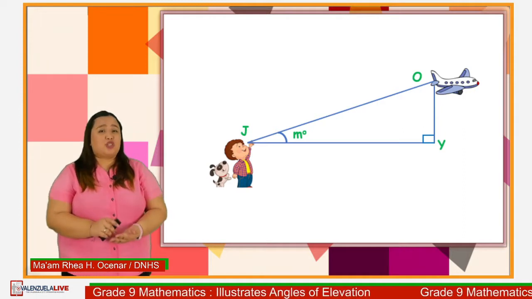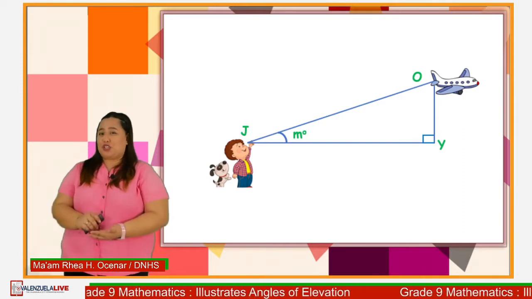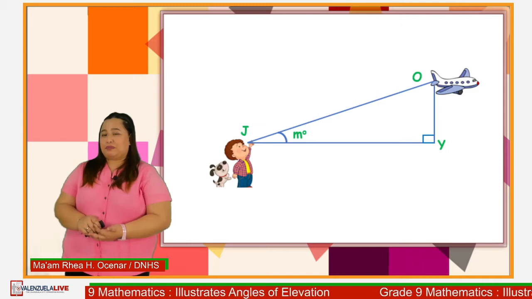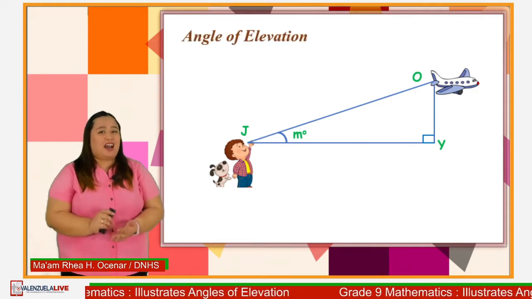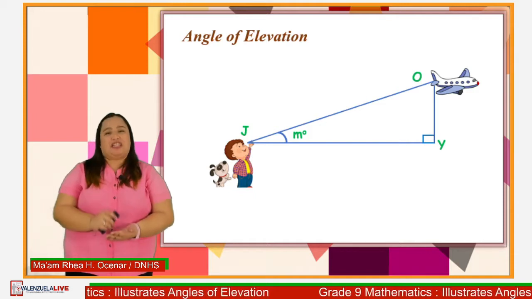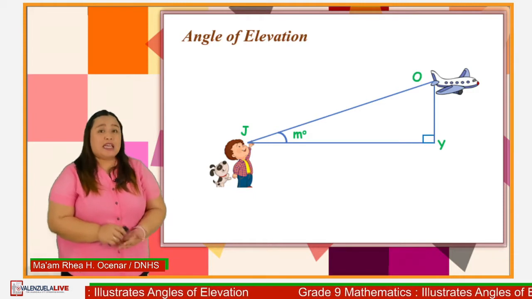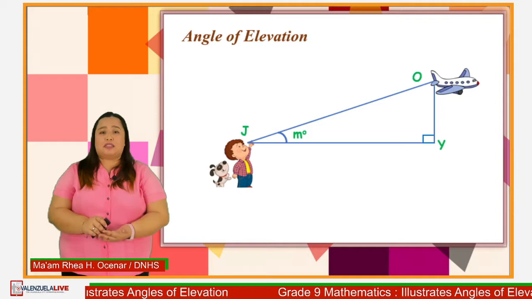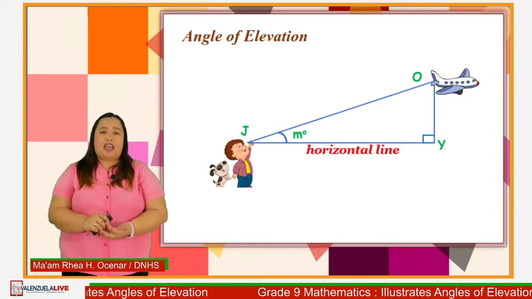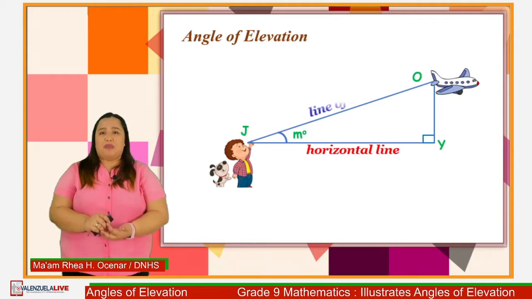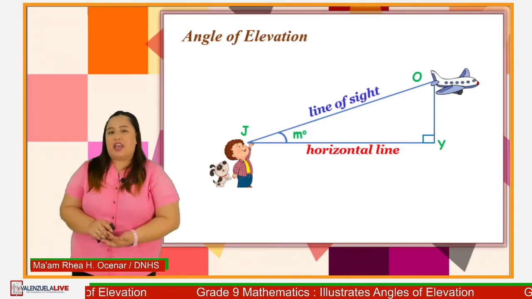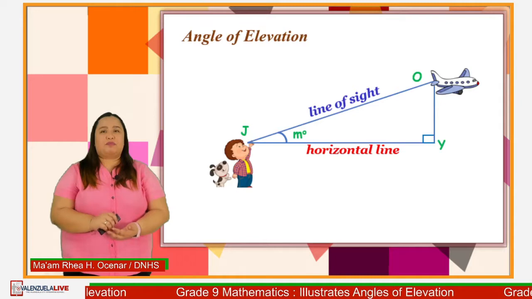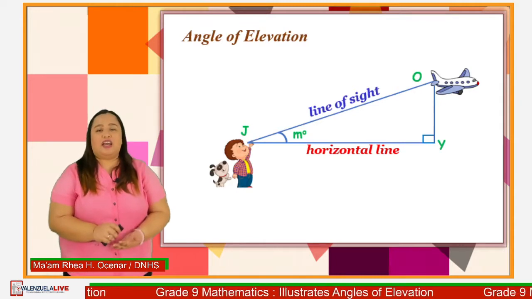Do you think it shows an angle of elevation? Yes, you are correct. It is an example of an angle of elevation. Segment JY is the horizontal line and line segment JO is the line of sight. And angle M is the angle formed.